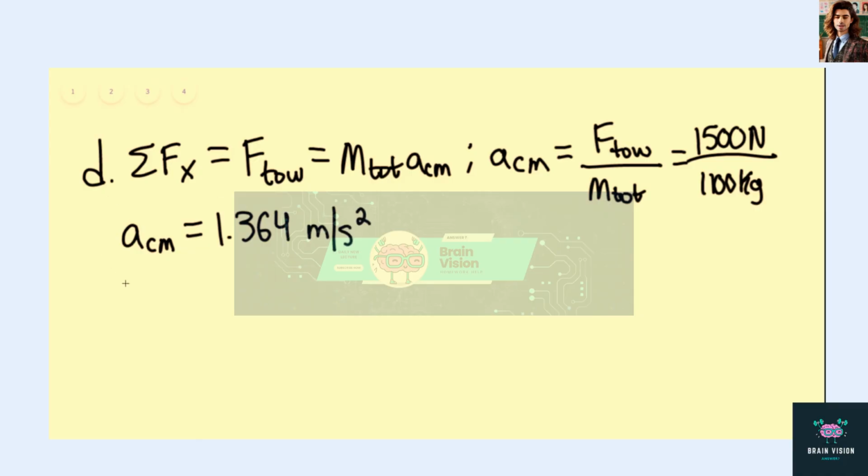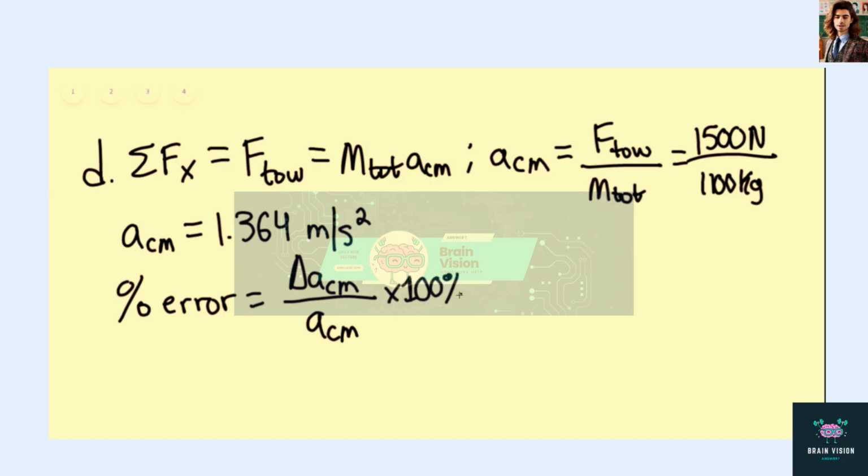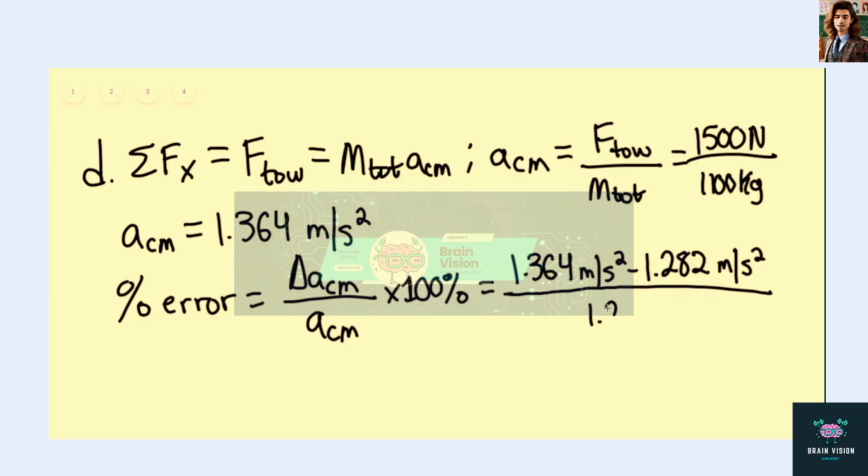Now part D wants us to find the percent error. So this would be equaling the change in the acceleration of the center of mass divided by the true acceleration of the center of mass times 100%. And so this would be equal to 1.364 meters per second squared minus 1.282 meters per second squared divided by 1.282 meters per second squared.